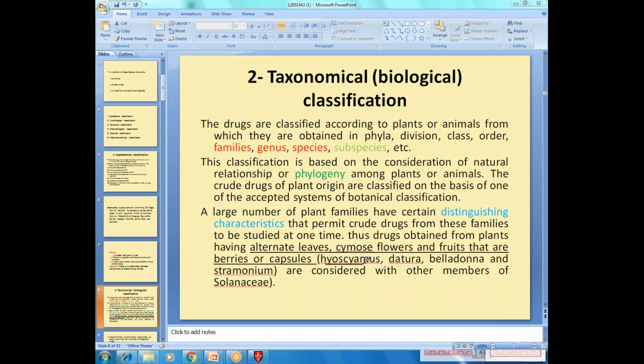They all have the same type of flower, the same type of fruits, and they're all herbs and shrubs. So they all belong to the Solanaceae family, and they are now considered members of Solanaceae. That is called the taxonomical classification.